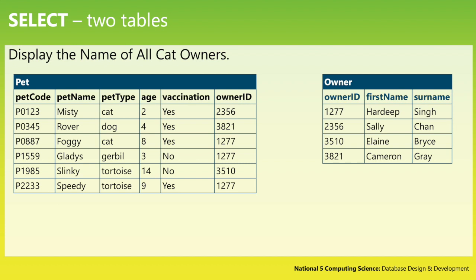We're looking for all cats in our cat table, and we're looking for their owners. So we can do that manually. The owner of Misty is 2356, which is Sally Chan, and the owner of Foggy is 1277, which is Hardeep Singh. So now we've identified who we expect to see, let's go and write the SQL query for this.